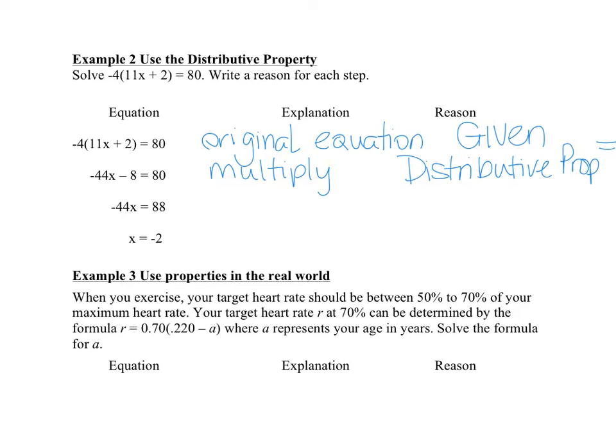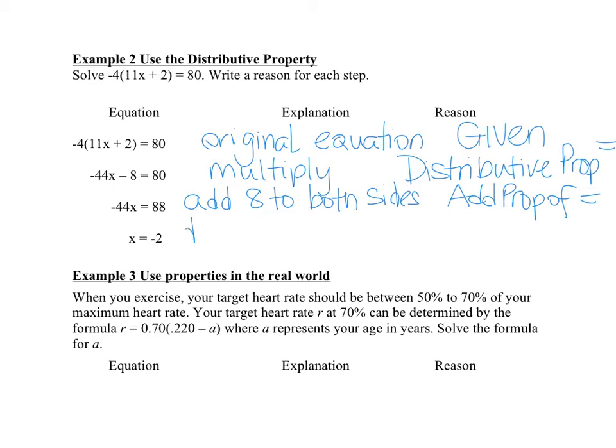And then I'm adding 8 to both sides. So that's the addition property. And then we're dividing by negative 44.